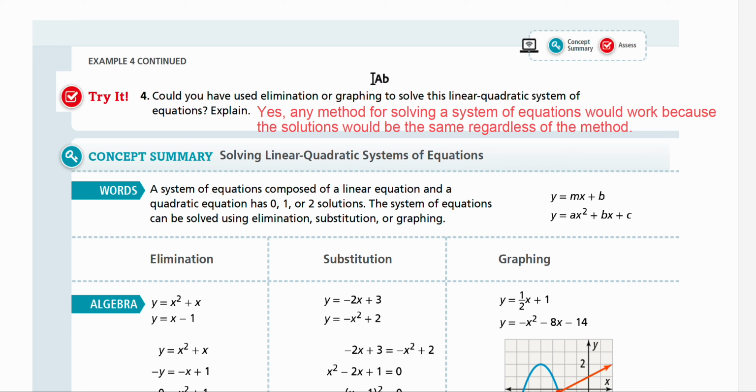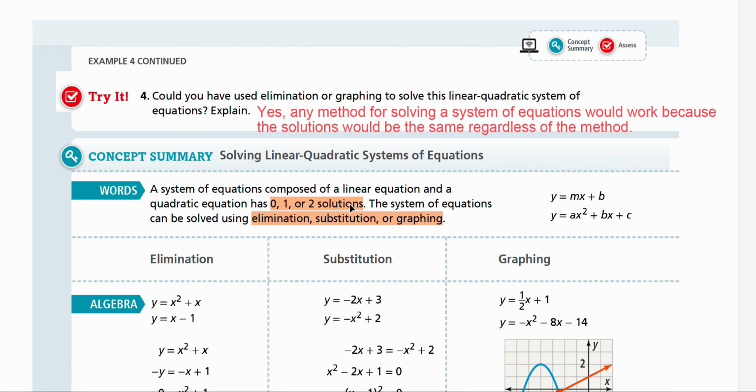We learned how to solve linear quadratic systems of equations. So a system of equations is composed of a linear equation and a quadratic equation, and in a linear quadratic system it could have 0, 1, or 2 solutions. And they could be solved using elimination, substitution, or graphing.